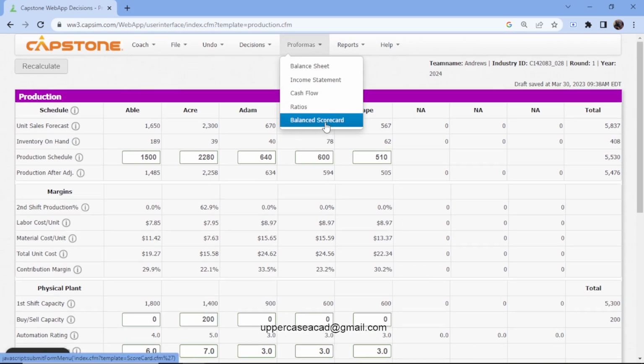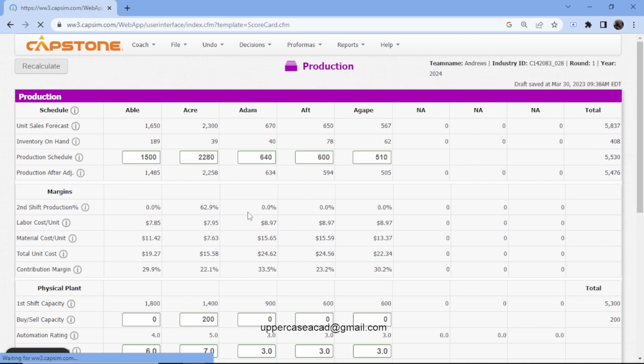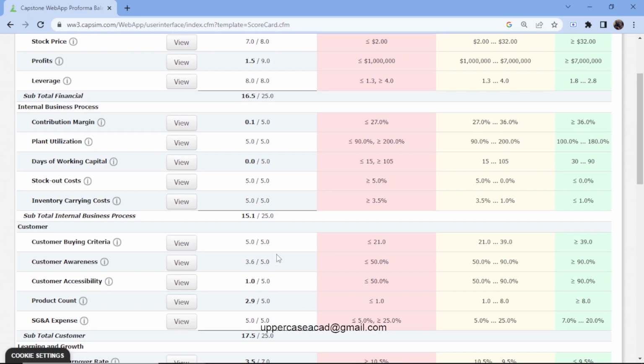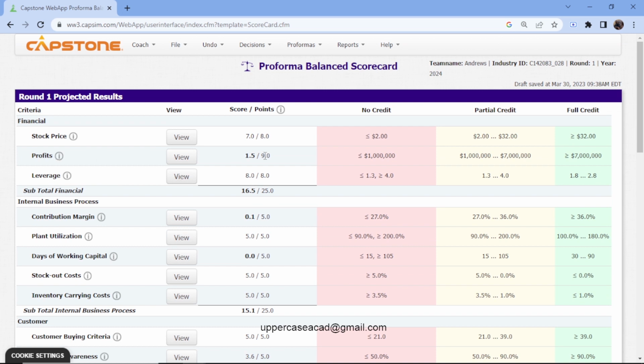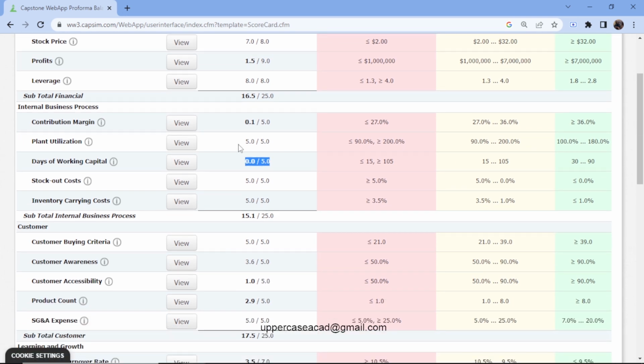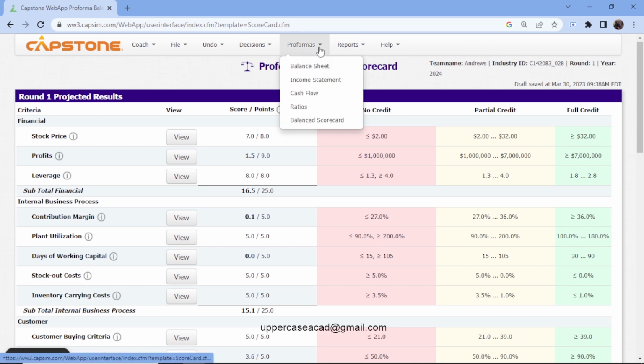If I check my balance scorecard, I have a balance scorecard of 52.6. Here my stock price is 1.5 out of 9. So days of working capital and leverage. Before you make any decision in your finance, you have to look at your balance scorecard, then the ratios.